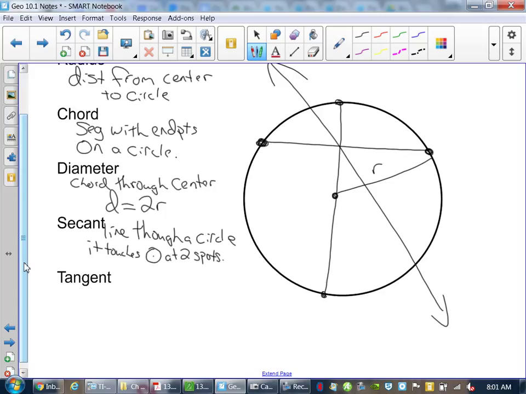It's a line that touches the circle at 2 spots. We bring up this whole idea of what's called a secant now just so you get the definition of it, because there's a section, I want to say 10.4, that is all about what happens with the secants as they intercept arcs and things like that.